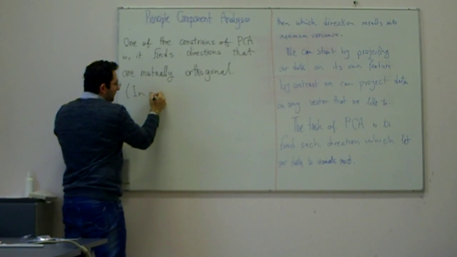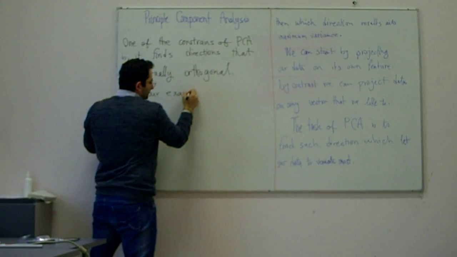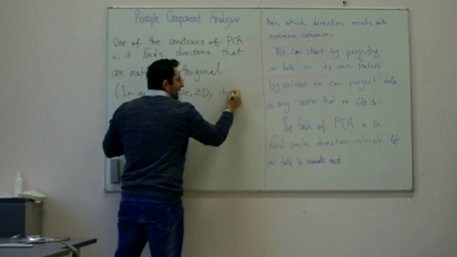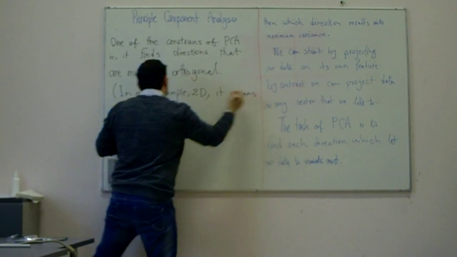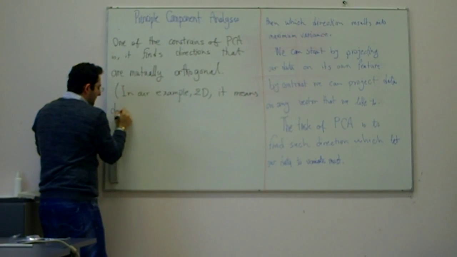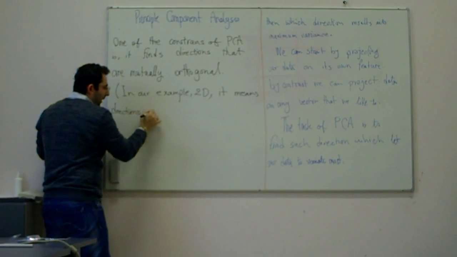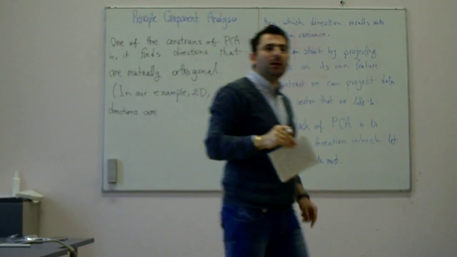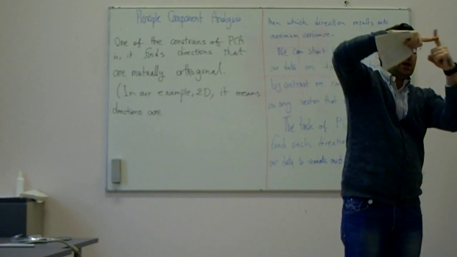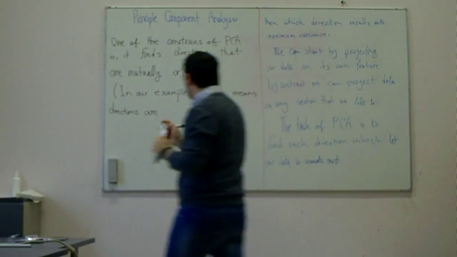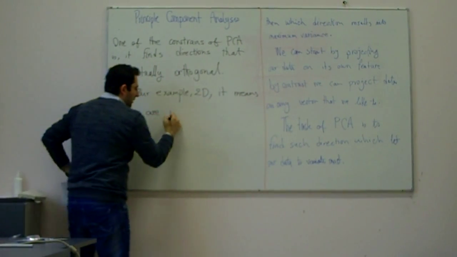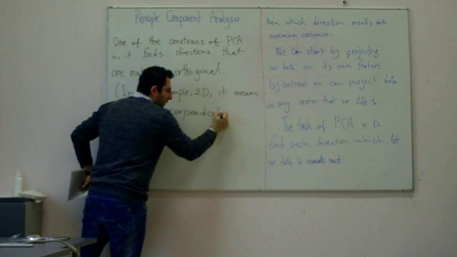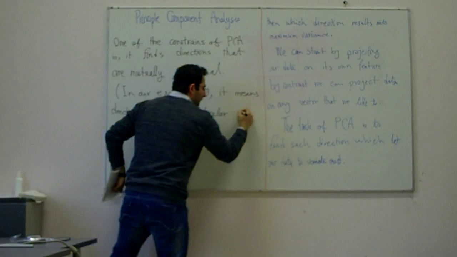In our example, or any 2D example, do you know what is the meaning of orthogonal in 2D? Perpendicular. The directions are perpendicular to each other.